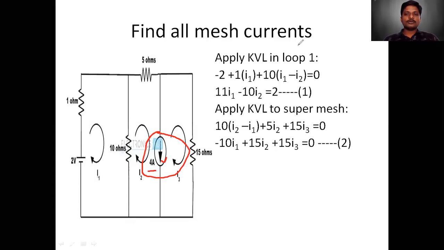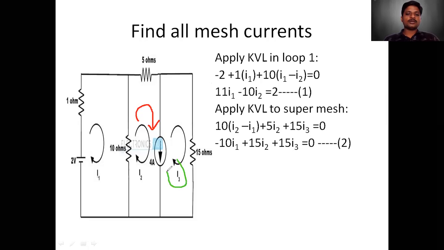If you look into the diagram carefully, I1 current and I2 current are in the same direction as the 4 amperes, and I3 current is in the opposite direction of 4 amperes.